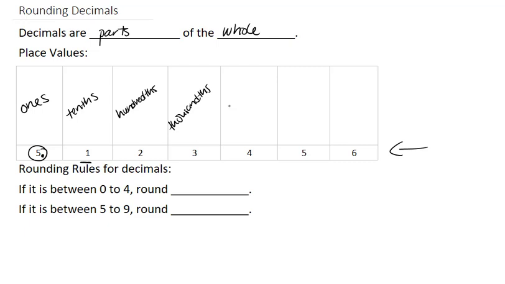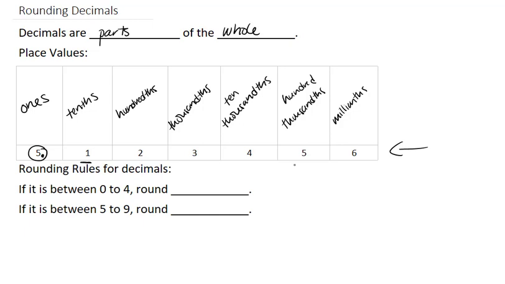The 4 represents the 10,000ths. Then we have the 100,000ths. And then we have the millionths. So this is the values that we have for decimals.